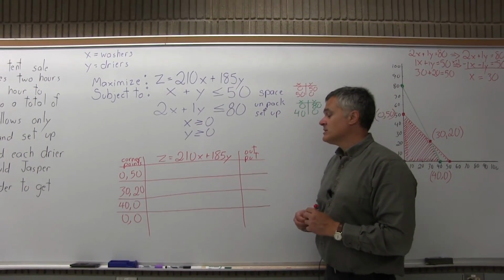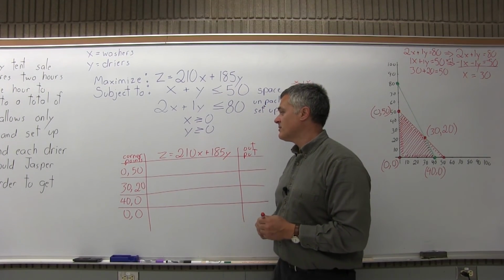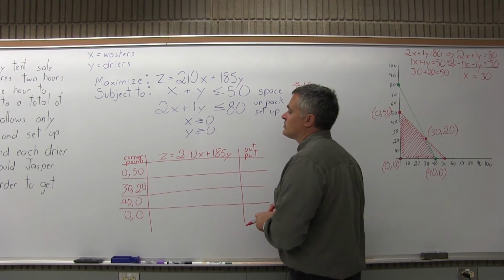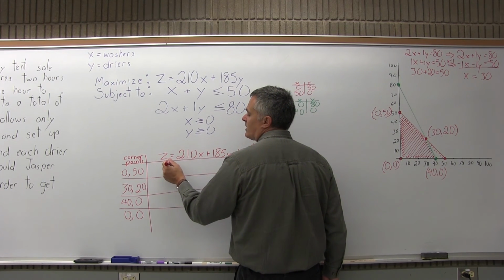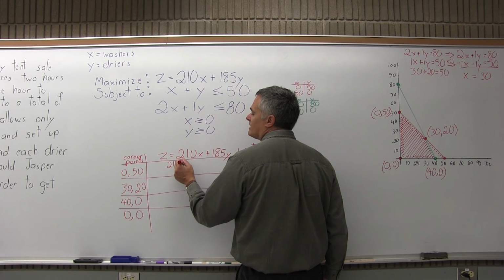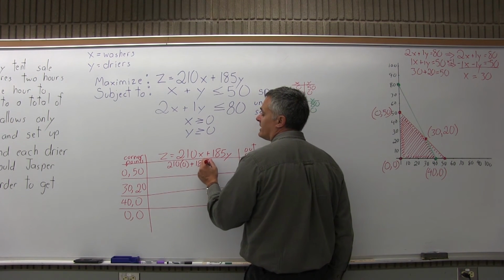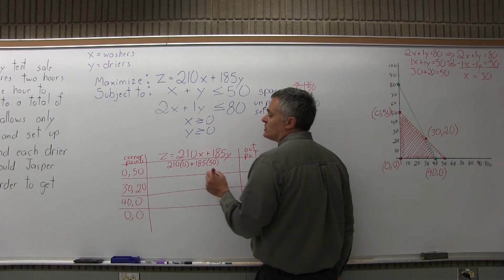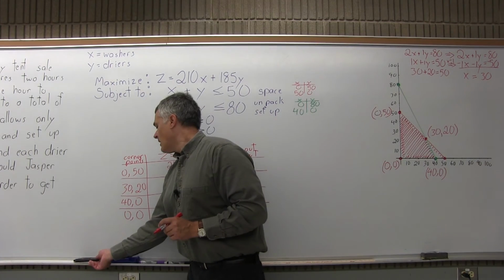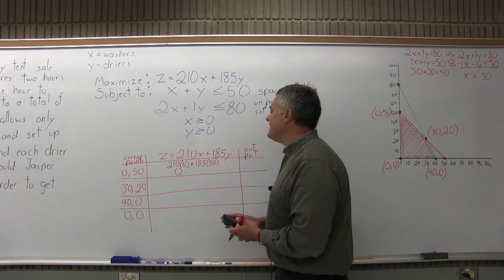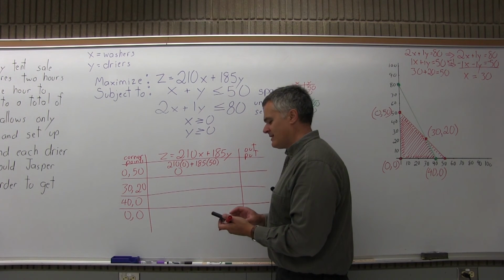Now what I'm going to do is plug the coordinates of each one of those corner points into the objective function and see what type of output I get. So the first corner point, 0, 50, means x is 0, y is 50. So the 210x becomes 210 times 0, plus 185y becomes 185 times 50. So 210 times 0 is 0. 185 times 50, I think, is 9,250.